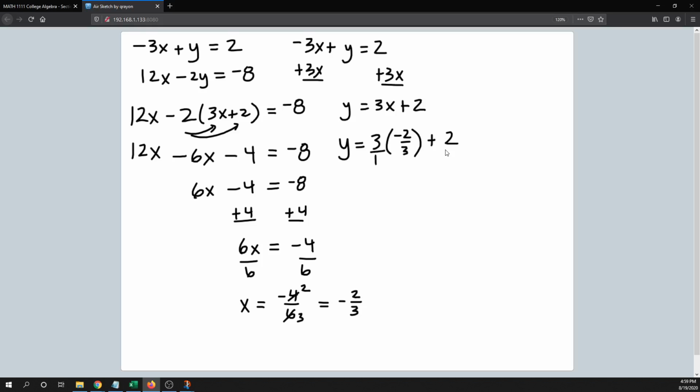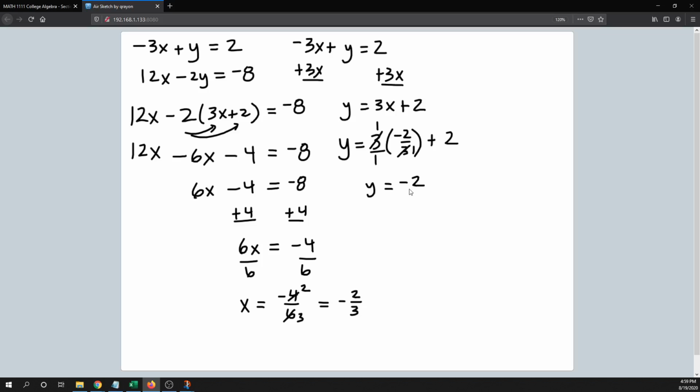Then I need to multiply these fractions, and I can see that the numerators and the denominators both have a factor of 3 in common. There's a factor of 3 here and a factor of 3 here, so I have a common factor between the top and the bottom, and 3 goes into itself one time. On the top, I wind up with 1 times negative 2, which is negative 2, and on the bottom, I have 1 times 1, which is just 1.